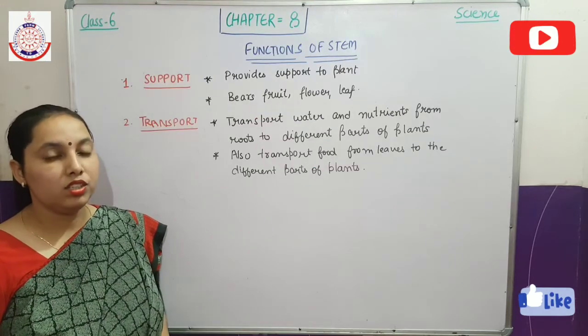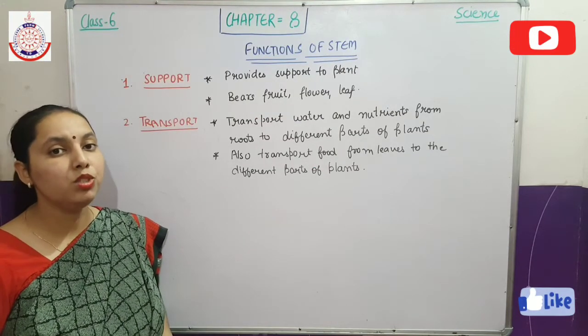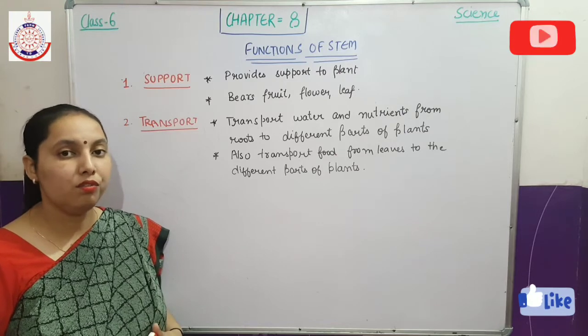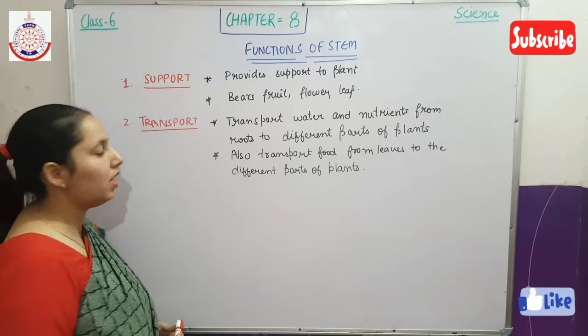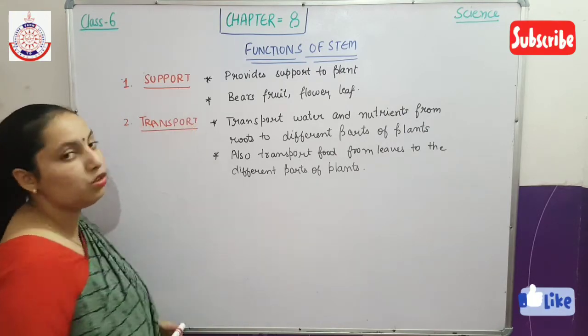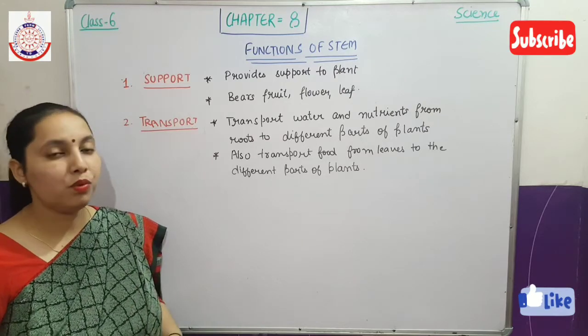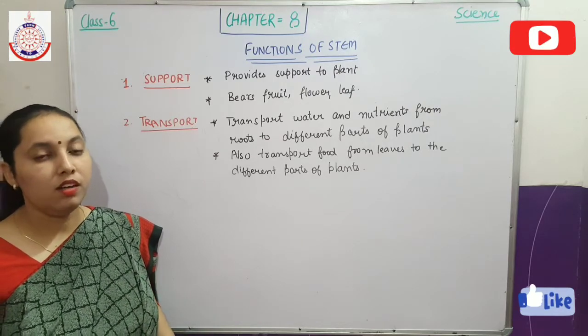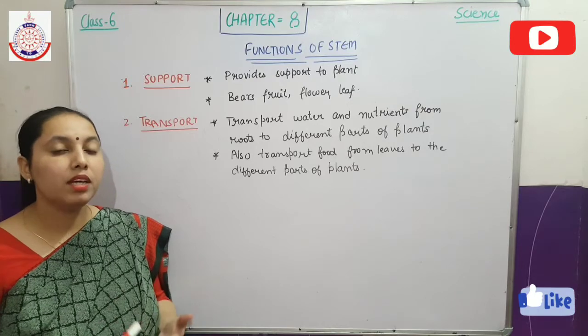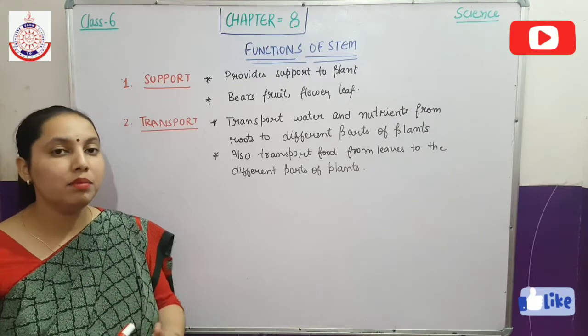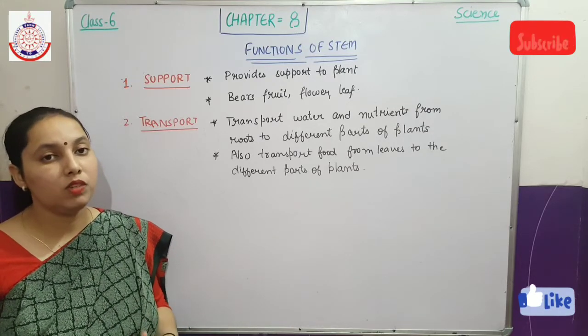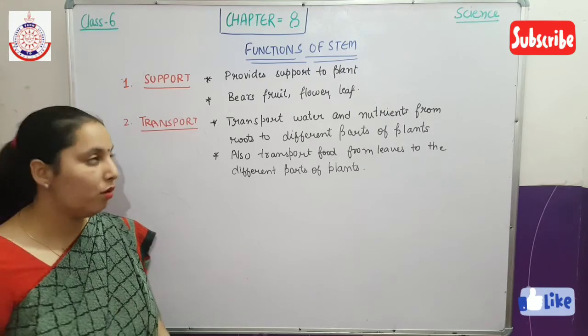Now see the functions of the stem. The stem has two main kinds of functions. First one is support. The stem provides support to the plant. Only the stem is that part of the plant from which support is provided.